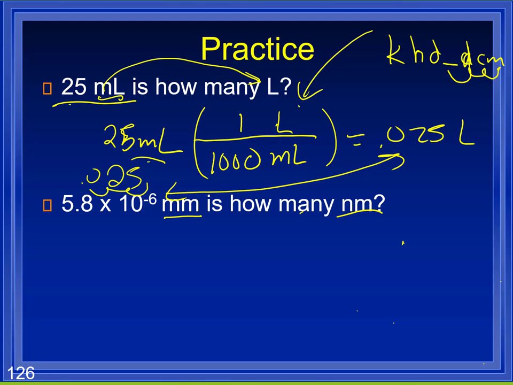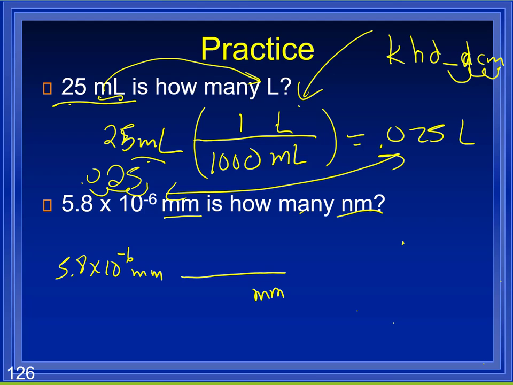First, to get rid of the millimeters and change it to the base unit, then the base unit to nanometers. So I start off with 5.8 times 10 to the negative 6 millimeters. I copy what they gave me. I set up my conversion factor. I want to get rid of millimeters, so they have to go on the bottom.